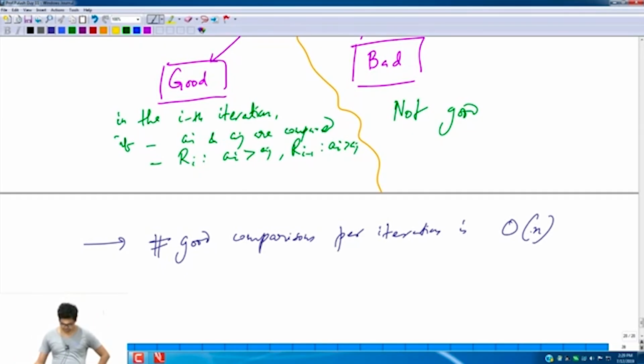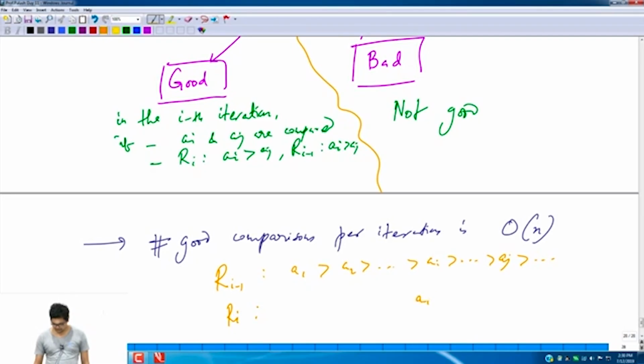Let us see. So suppose this is Ri minus 1, and suppose this ordering is A1, A2, AI, AJ, and so on. In Ri also, I know that AI appears before AJ.